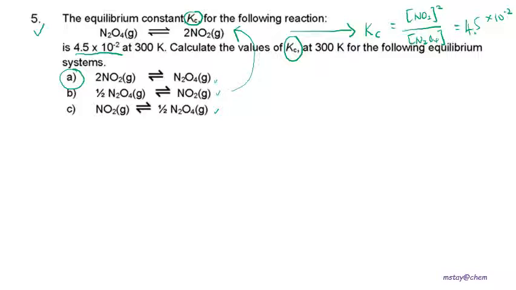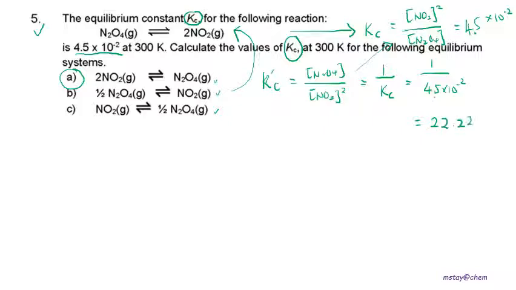But we will notice that if I write the Kc for equation A, it will be N2O4 over concentration of NO2 to the power of 2, which is the reverse of Kc above. So we will say it equals 1 over Kc. I press the calculator, 1 over 4.5 × 10^-2, and I will get the answer 22.22. This is the answer for question A.